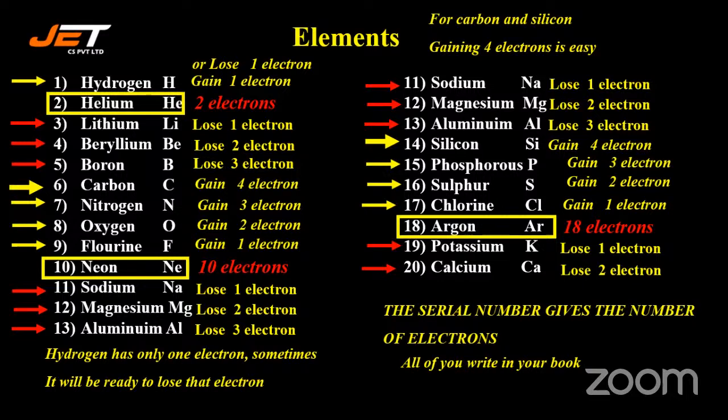If it gains one electron, it will form helium, which is an inert gas. But why in most cases is hydrogen losing one electron? Explain, everyone.